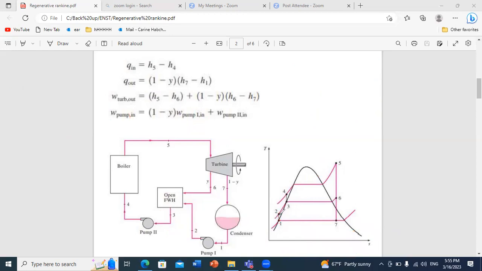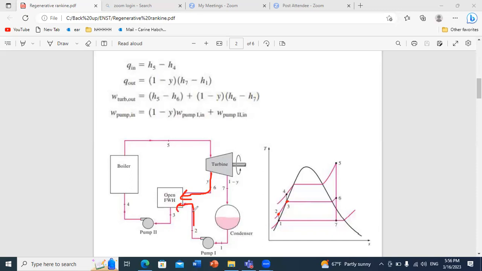We know now the value at state 2. Now we go to what is new in this problem, which is state 3. Because what we are doing now is taking from the turbine a part of the steam, and we are mixing it with the exit of pump 2.